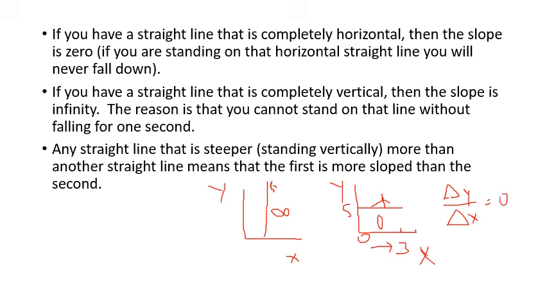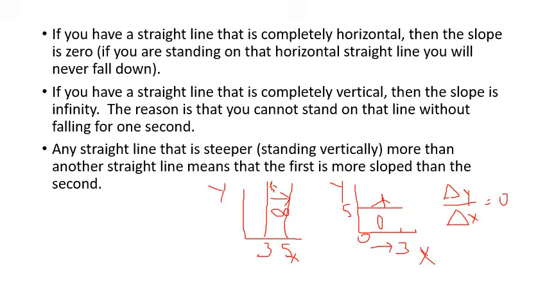Okay, in this case, delta y divided by delta x is equal to infinity, which means that if x changes, let us say from 3 to 6 or 5, the whole y will shift to the right.